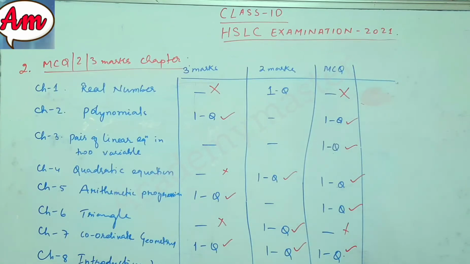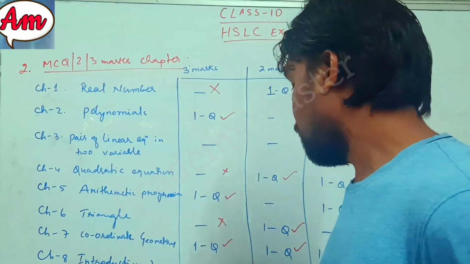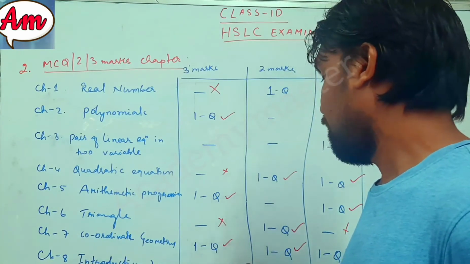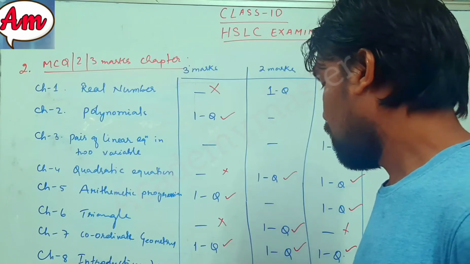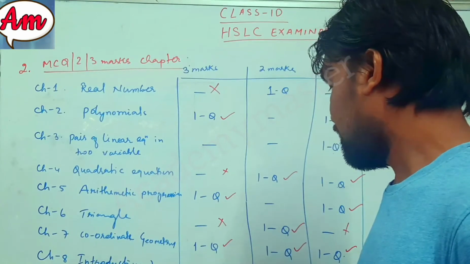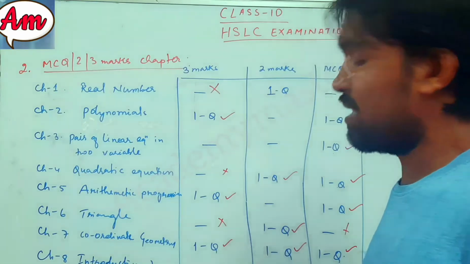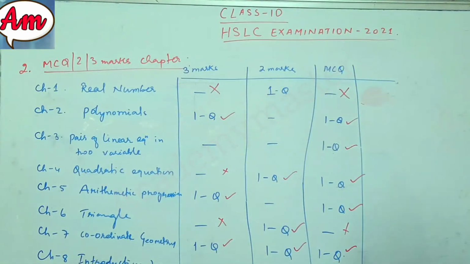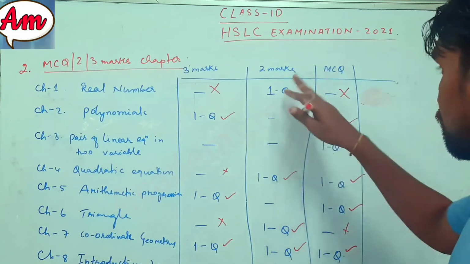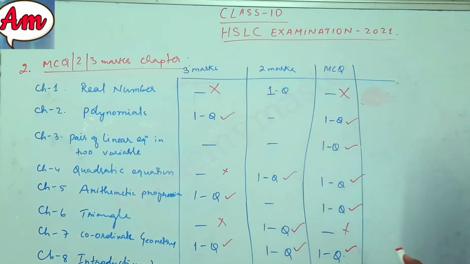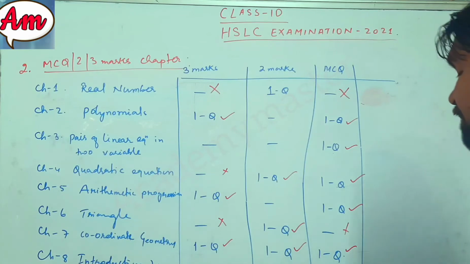For those 3-mark questions, I recommend all of you practice exercise 8.4, question number 5, 1 to 10. Practice these questions properly. Surely you will get 1 3-mark question from here. So chapter number 8, introduction to trigonometry, there will be 2 3-mark questions, no 2-mark questions, and the MCQ of this chapter needs to be studied because it will be coming in the exams.